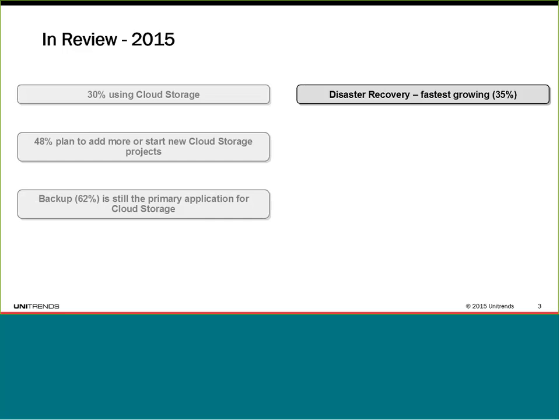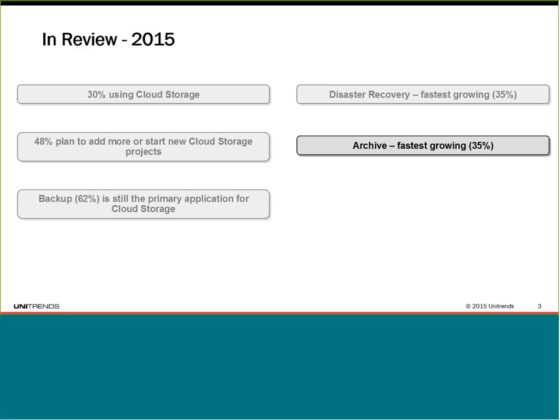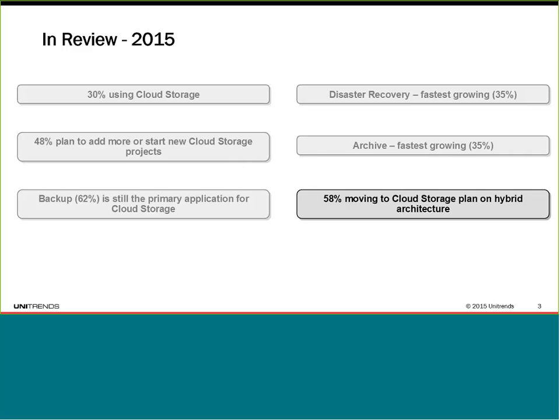The interesting thing is that the fastest growing use cases for the cloud in 2015, and you'll see this move into 2016 as well, are disaster recovery at 35% of the users, and archive, or long-term retention. This is primarily due to compliance and regulatory requirements and the need to store data for long periods of time.